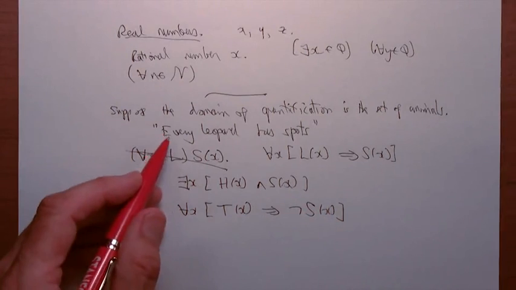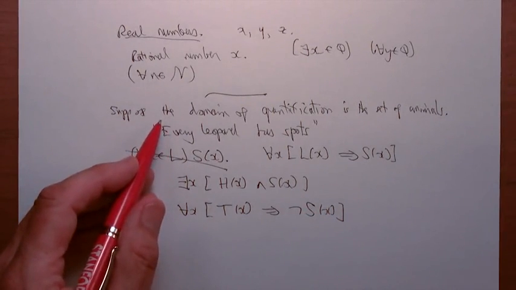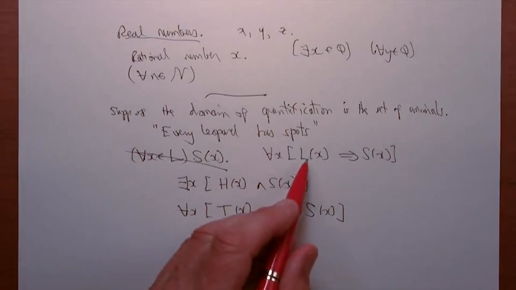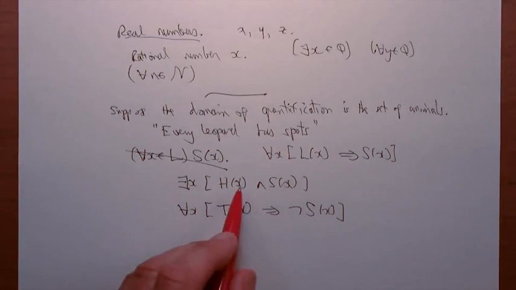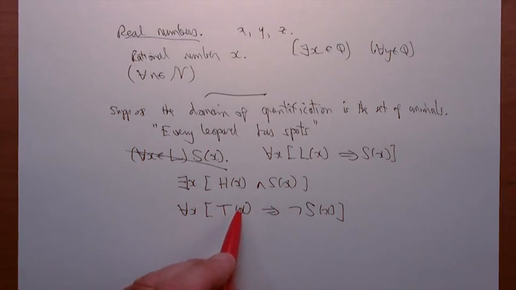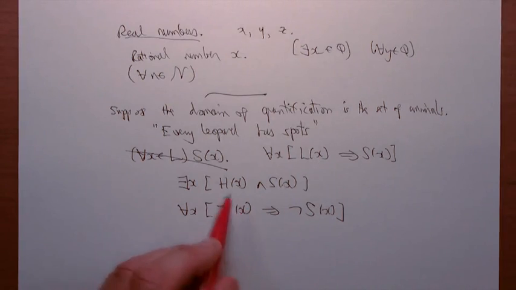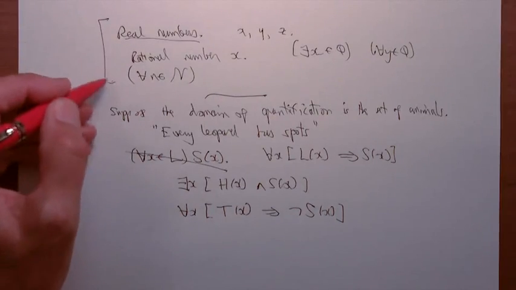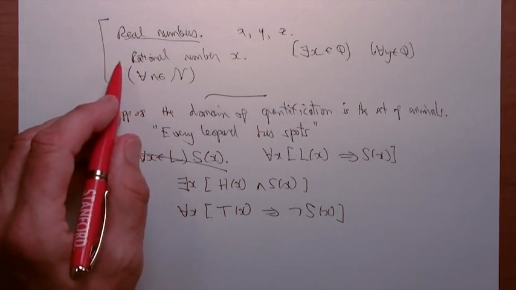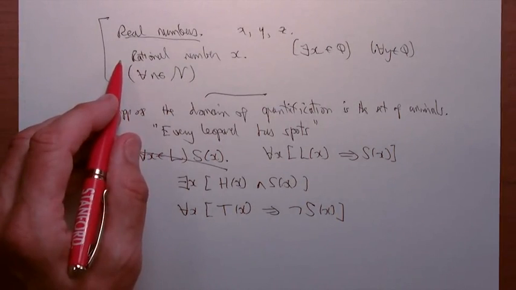The point is, if I'm talking about animals, then when I refer to specific animals, I'm not changing the domain of quantification. I'm still talking about animals. I'm just describing properties of particular kinds of animals. The discussion is still about animals, so the domain of quantification should be animals. It's different here because the domain of quantification arguably is the set of real numbers or the set of all numbers.